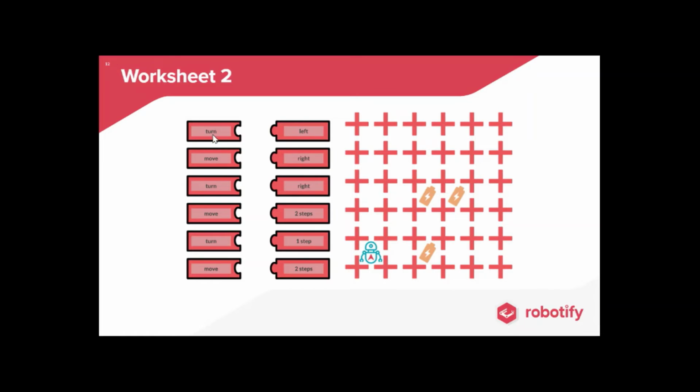And if we follow the instructions here, we've got turn. What does he need to do? He needs to turn right. Then move 2 steps, 1, 2. Then he's got to turn left. He's turning left. Then he needs to move 2 steps, 1, 2.